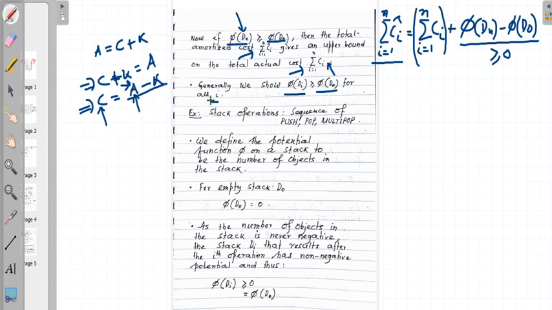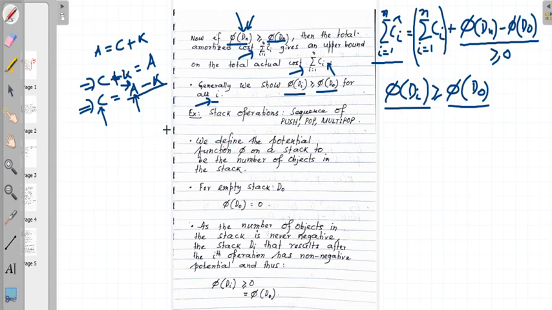All i includes n, right? So phi of d_n will definitely be greater than or equal to phi of d_0.